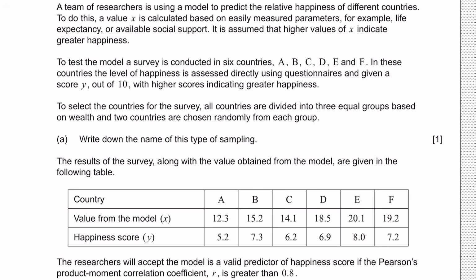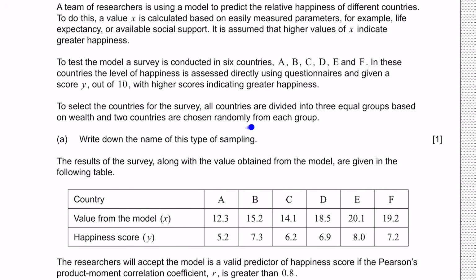So since we're taking the total population and we're dividing it up into 3 equal groups, in this case, we're dealing either with stratified or quota sampling. How can we tell whether it's stratified or quota sampling? Well, what we do after the fact. So after we've grouped them, are we using random or non-random sampling? In this case, we use random sampling, so we're in the realm of stratified sampling.